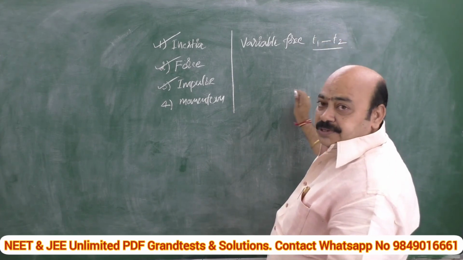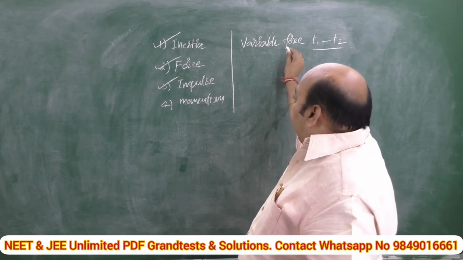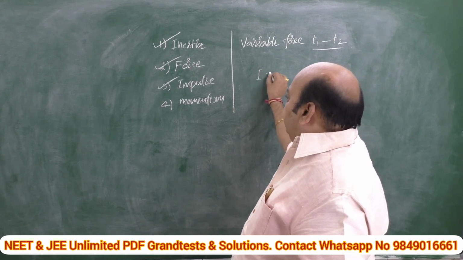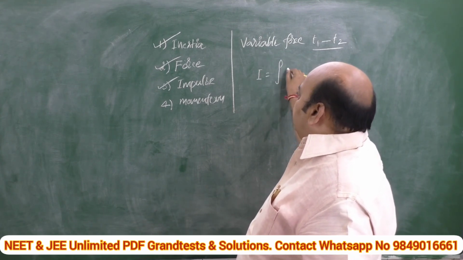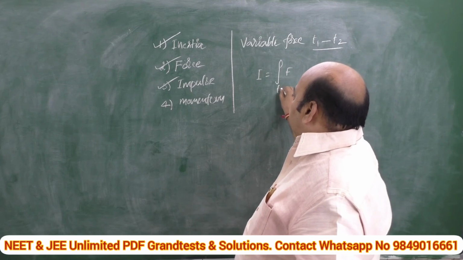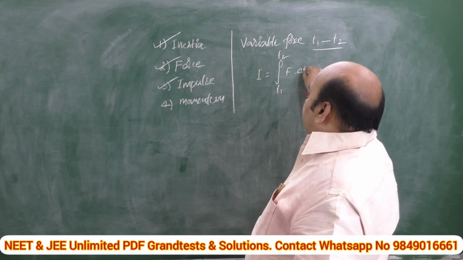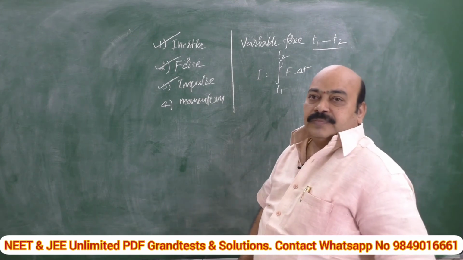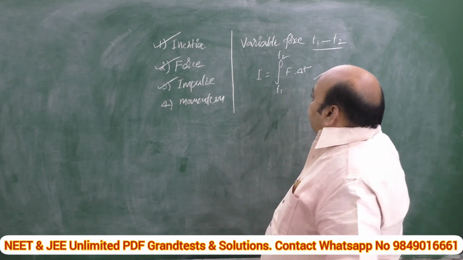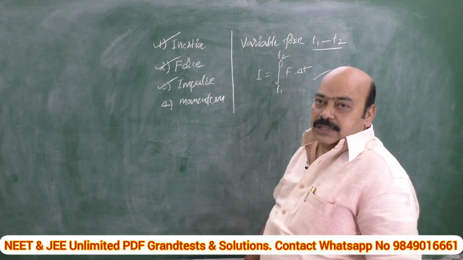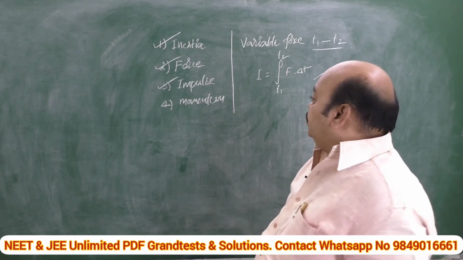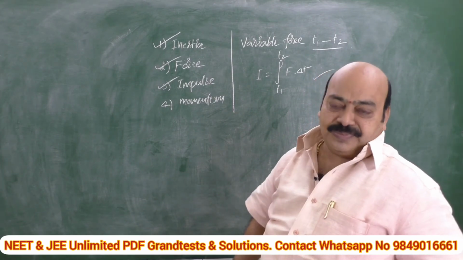We can find out the impulse by integrating the variable force within the time limits T1 to T2, into delta T. Using this formula, we can calculate the impulse caused due to variable force.